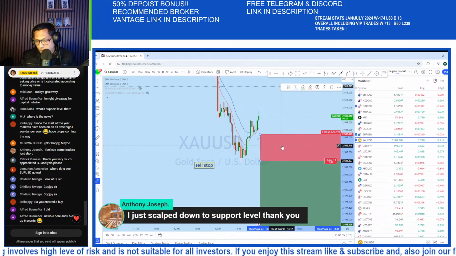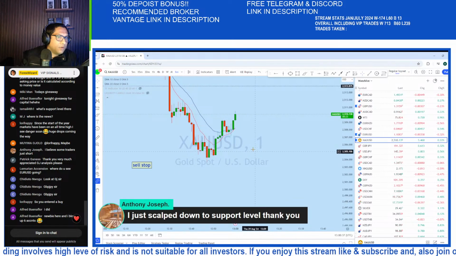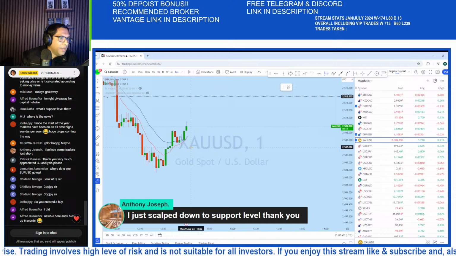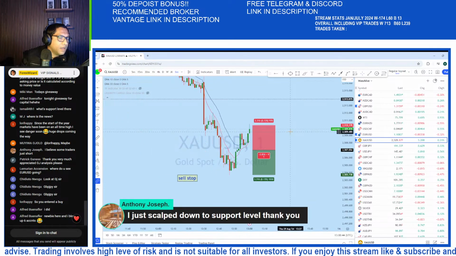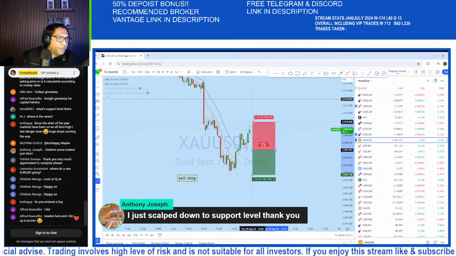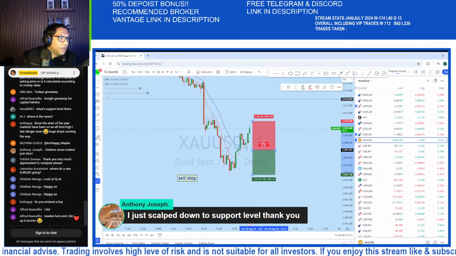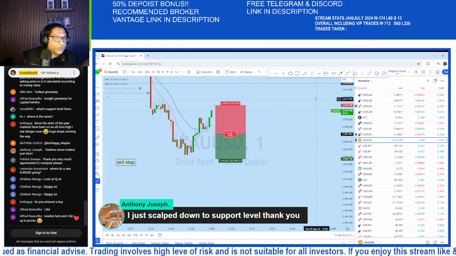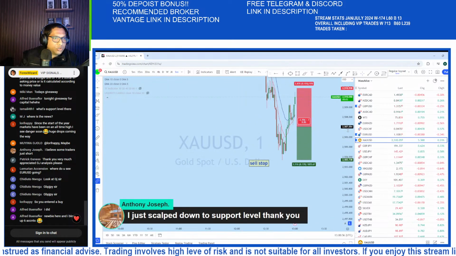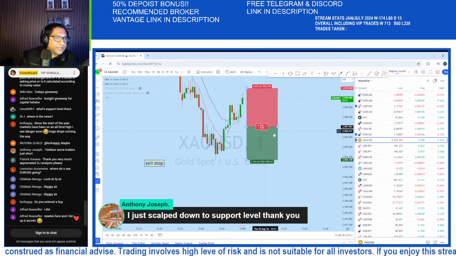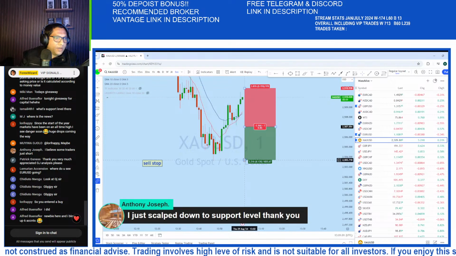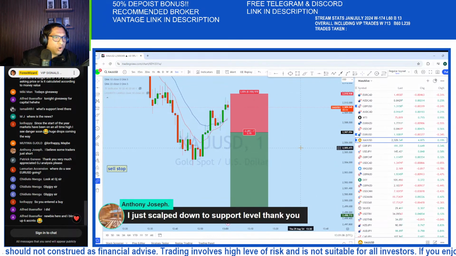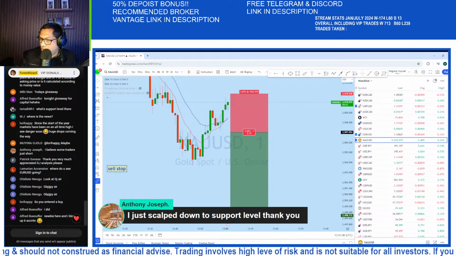So what I would like to do here on gold is move my entry to below this doji and stop loss above this high, which is also the same stop loss pips, just moving the entry. That means the sell stop will be at 2507, and I want to target bigger here.